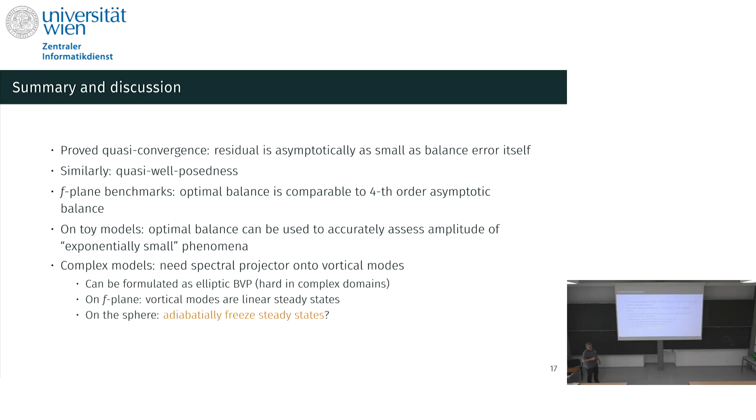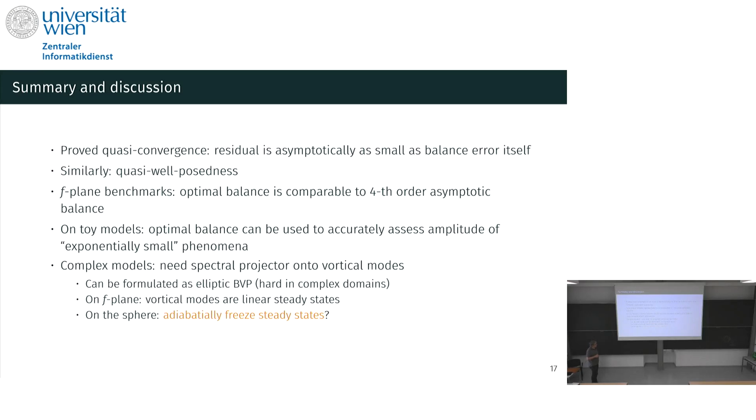But again, that needs to be coded up and is hard in complex domains, if you think of ocean basins. On the other hand, if we have an F-plane model, we know that the vortical modes are linear steady states, so we can use that to detect them with just an evolutionary forward in time code. Nothing special is required to do that.